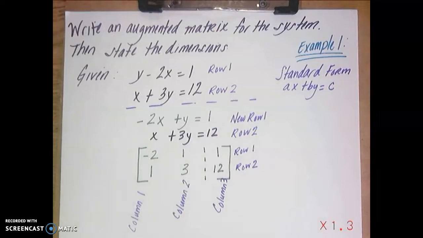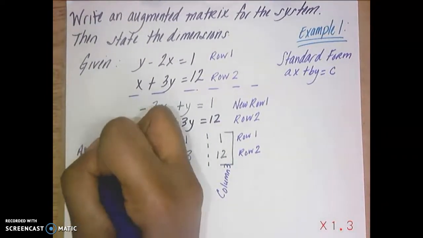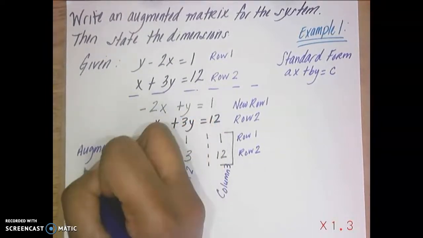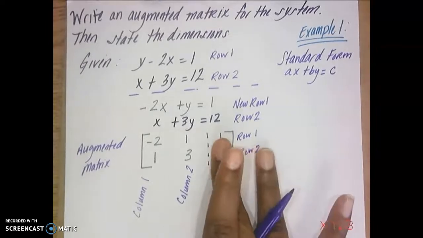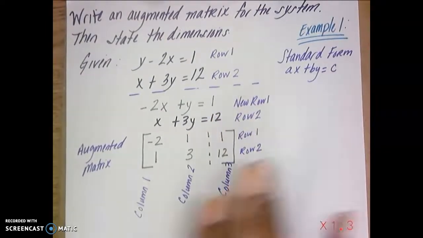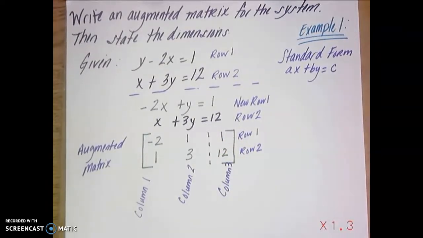Okay, so here, this is going to be my augmented matrix, just so that we're clear. It's not just a regular matrix because we do have what everything equals. If I only had this and that, yeah, that's a matrix. But over here on the other side with the equal sign, equaling our constants, we call it an augmented matrix.